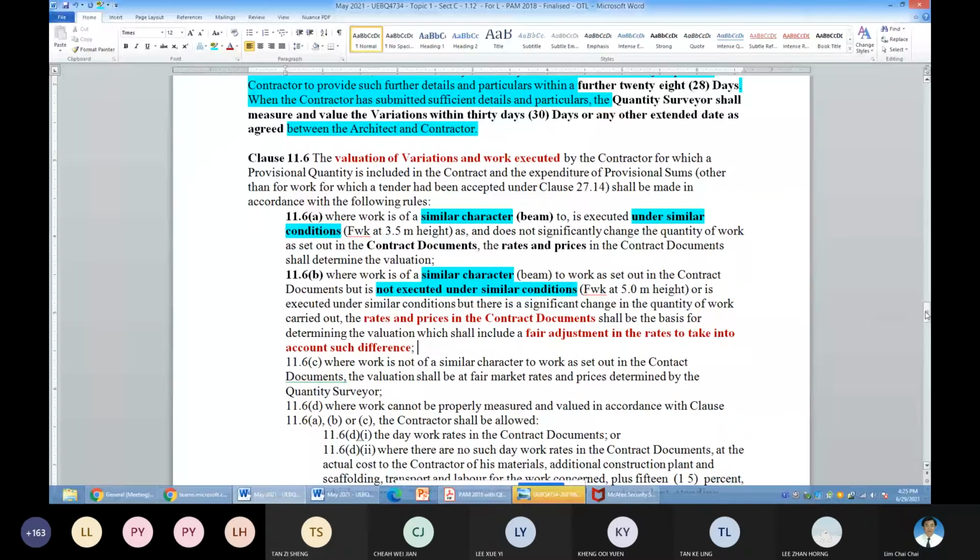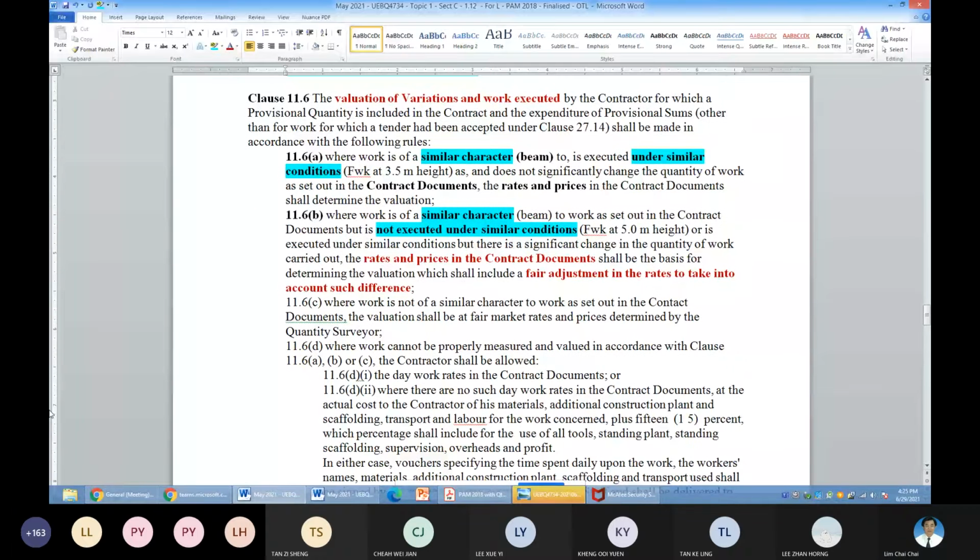11.6c, works not of similar character. It means a different type of work and different condition. Then how to value the new rates? It will be at fair market price or rates to be calculated or determined by the QS.